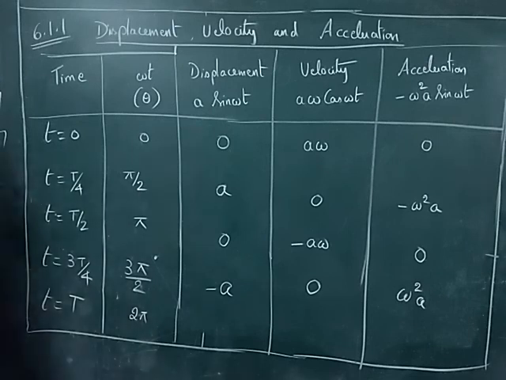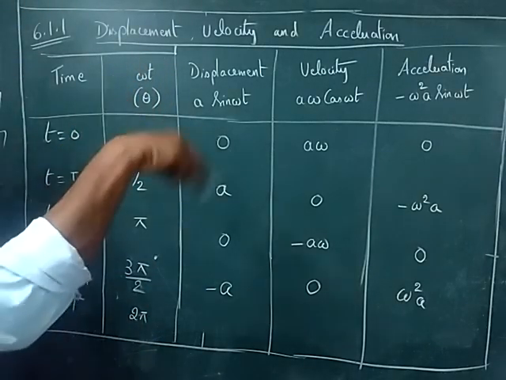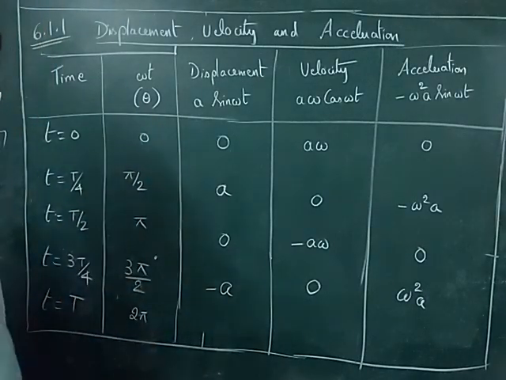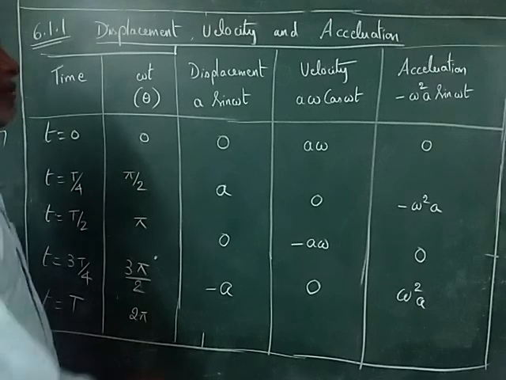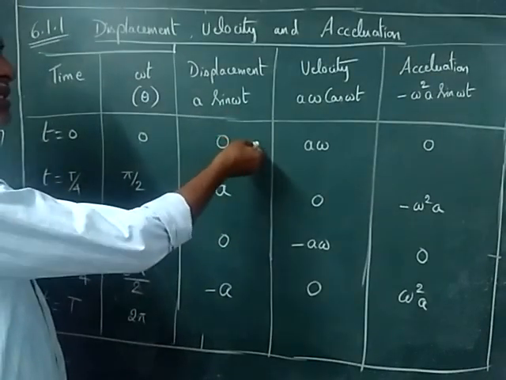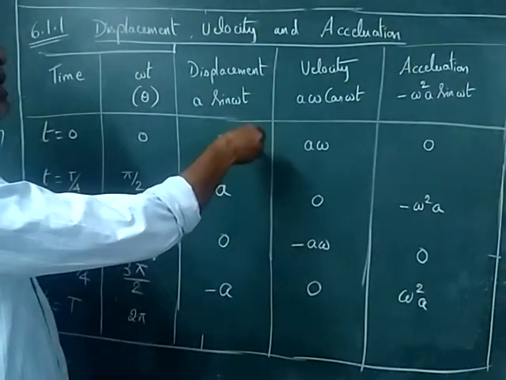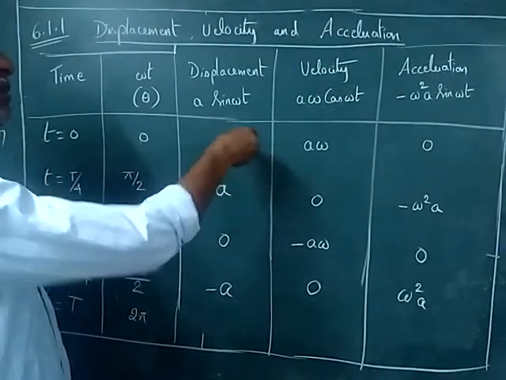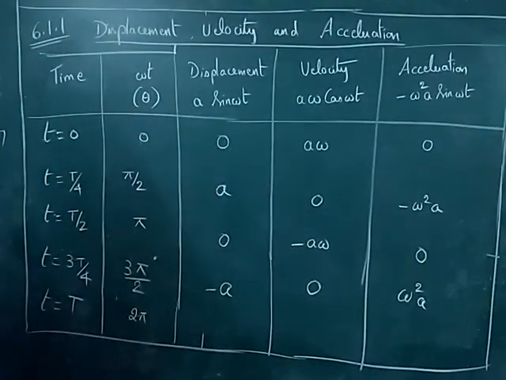Finally, when t equal to t, that is 2 pi. 2 pi means one rotation is totally completed. That is, it is same as 0 degree. So 360 degree. 360 means it starts from 0 and completes one rotation. So once again it is at 0 only. But since we start and complete, we call it as 360 degree.